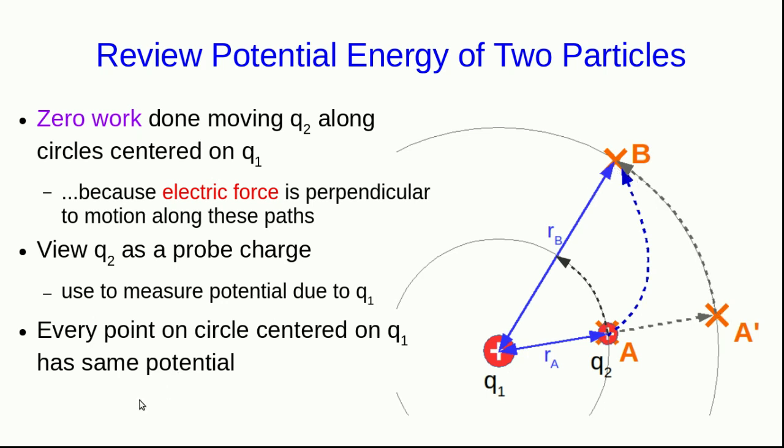And since we get the potential by dividing the potential energy by Q2, we see that the potential due to Q1 is the same everywhere on this curve from A prime to B, or on this inner circle. These are examples of what we call equipotential curves, curves along which the potential is the same everywhere.